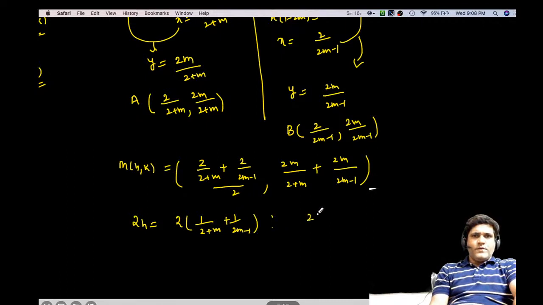Here 2k by 2, sorry. Therefore 2k is equal to 2m, take out common 1 by 2 plus m plus 1 by 2m minus 1.